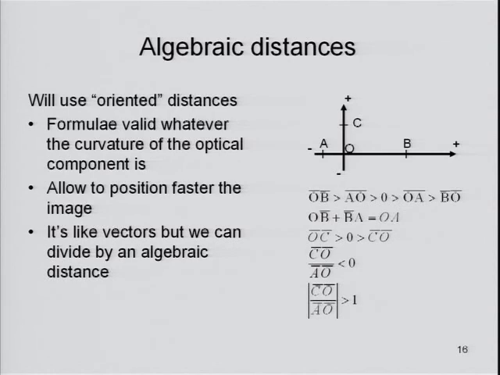The advantage is that you don't need to pay attention to or know where your image or object is relative to the lens. Is the distance positive on the left side or the right side of the lens? No, you just do all the computation, and the position will appear very easily.